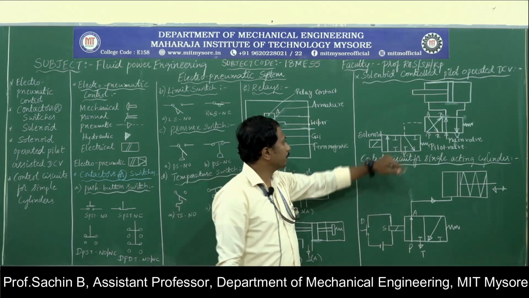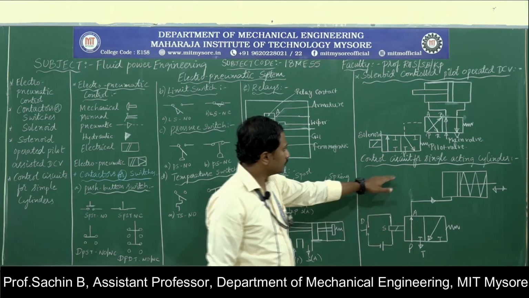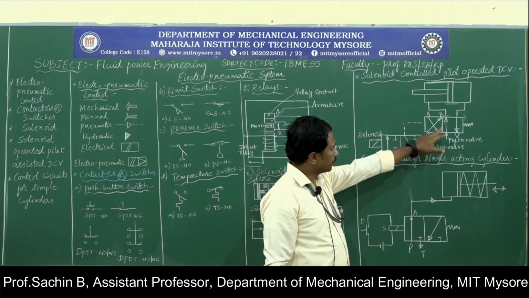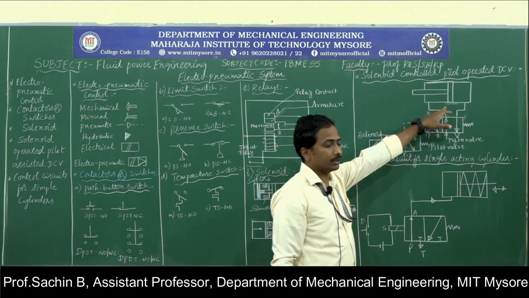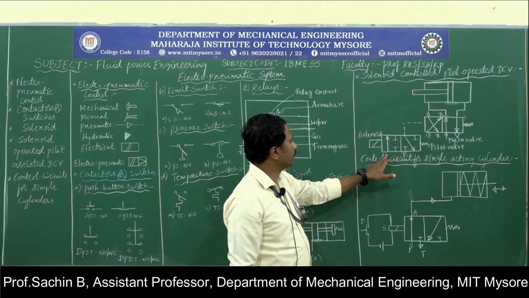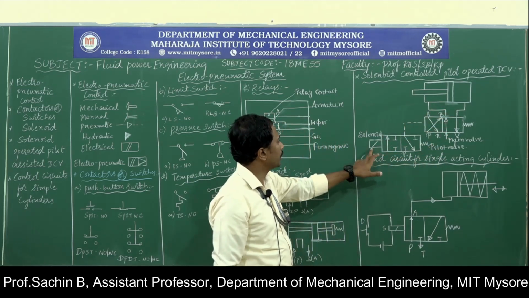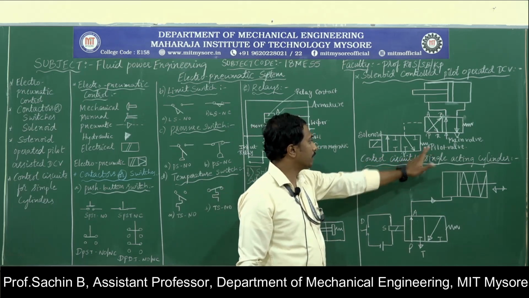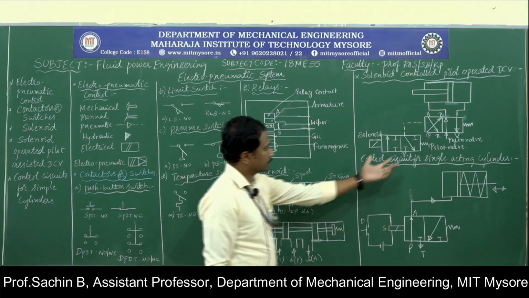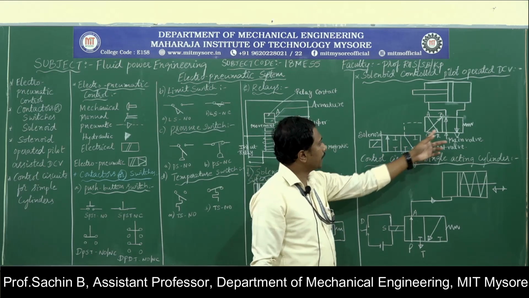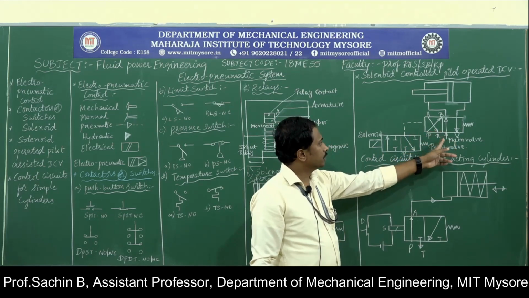Here I have written the pilot operated valve and the main valve, which is connected to the double acting cylinder. This pilot operated valve is a 3/2 solenoid operated spring return type of valve. Whatever I wrote over here is similar to it, and that is connected to the main valve.